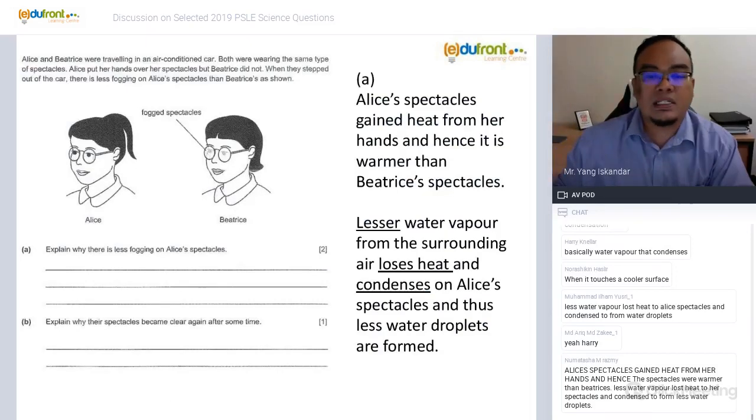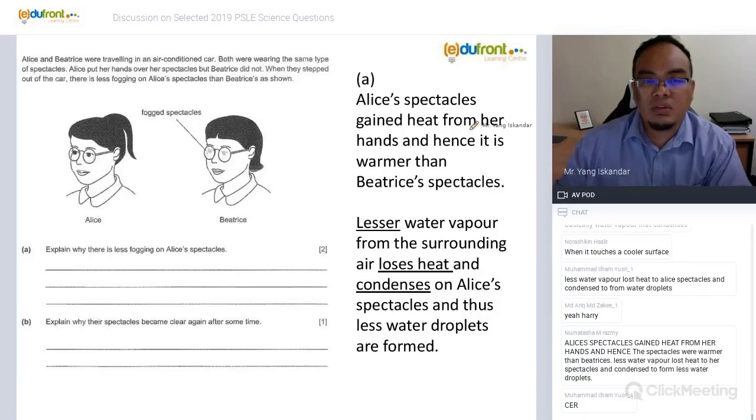Okay, now let's see how to answer. Part A, explain why there is less fogging on Alice's spectacles. So this is the answer. First part, you need to explain that Alice's spectacles gain heat from her hand, because the hand is warmer. So you need to understand the concept of heat transfer, and hence it is warmer than Beatrice's spectacles.